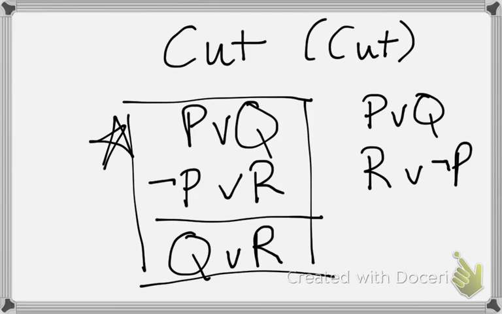Now, the premises don't need to be in this particular order, but you need to have the premises set up this way. So if you have this, you're going to have to do commutation, what's called commutation, which is another rule that I'll get to in a little bit in a different video. So if you have that, you're going to need to convert it into something you can use. But otherwise, it's a pretty straightforward rule and surprisingly useful in a number of different settings.